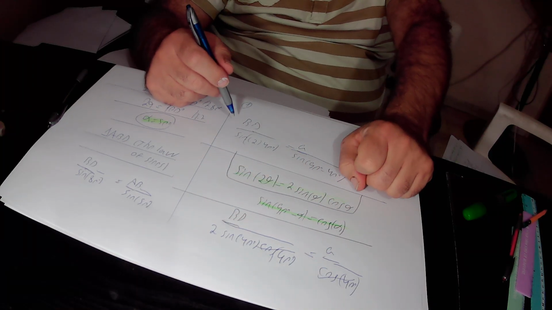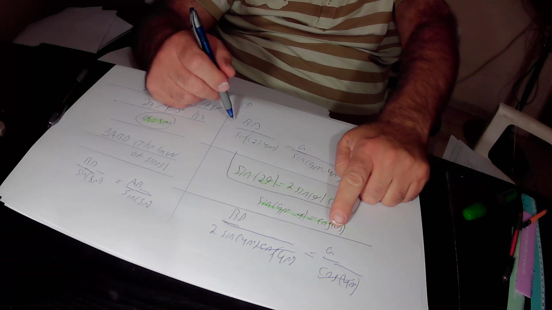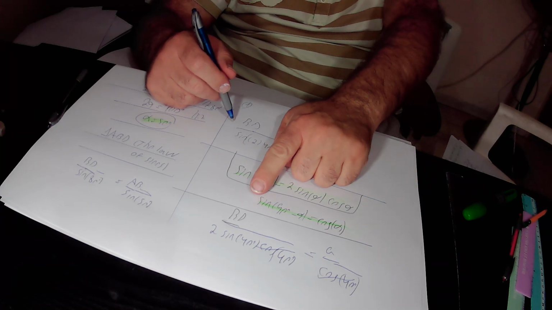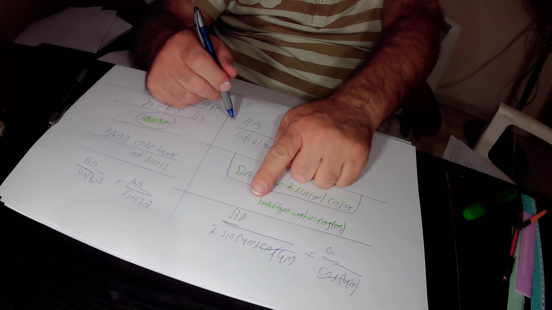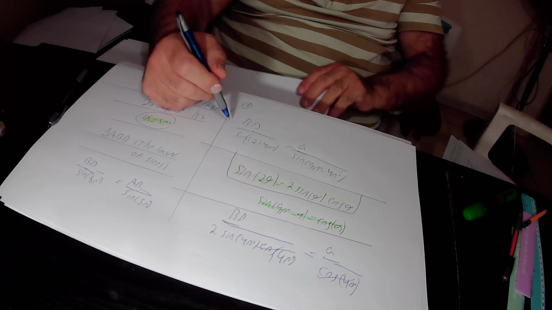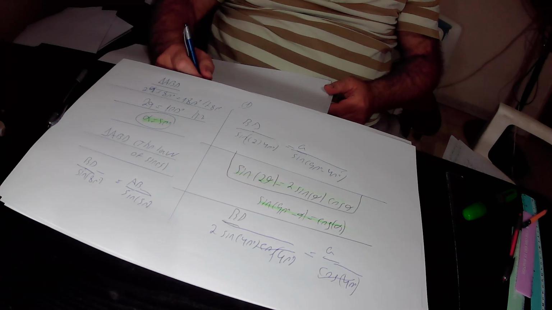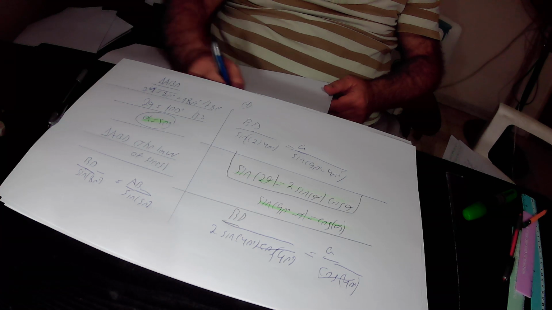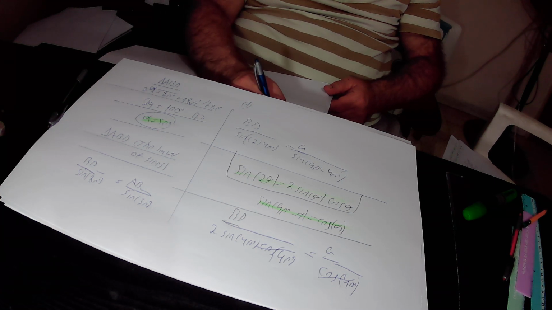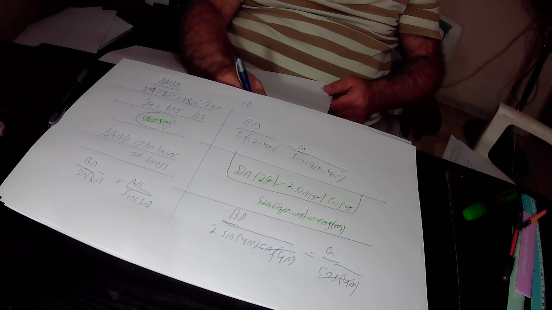On this side of the equation we are left only with A, while on the other side we have BD over 2 times sine 40 degrees. So A equals BD over 2 times sine 40 degrees.